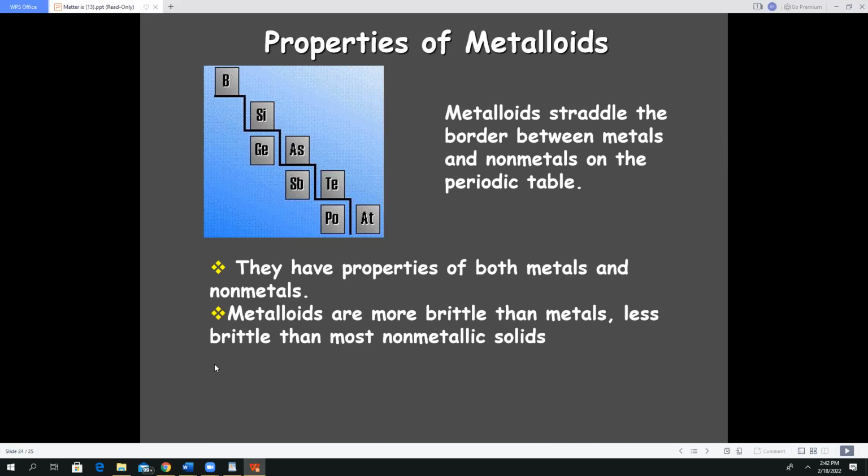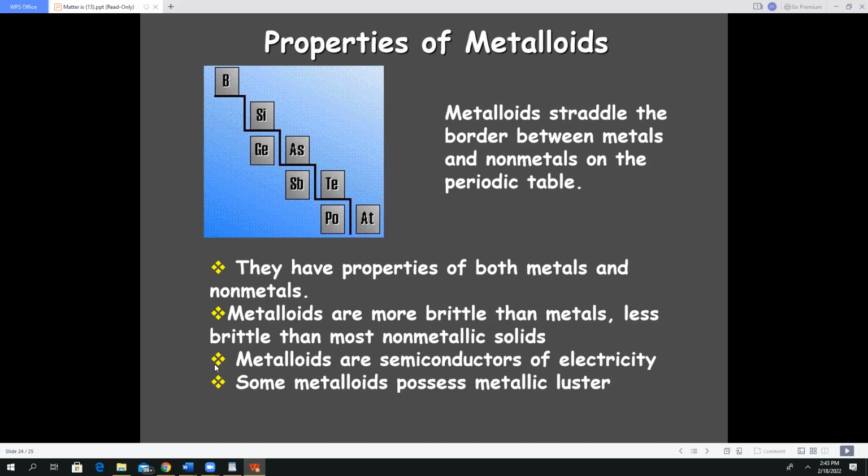Metalloids are more brittle than metals and less brittle than nonmetals, so they're in between in this case. They are semiconductors of electricity, which means they will conduct, but not as well as a metal, and not as poorly as a nonmetal. And they possess metallic luster. Some of them do, not all of them.